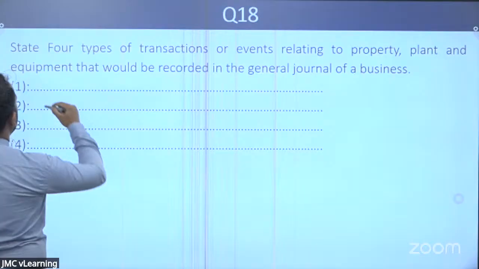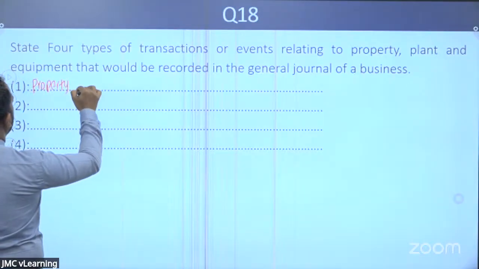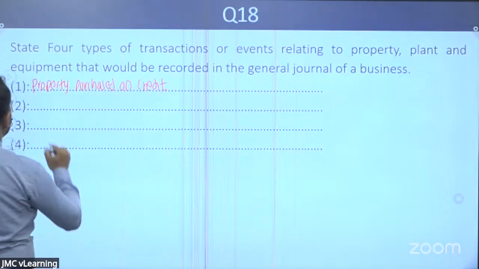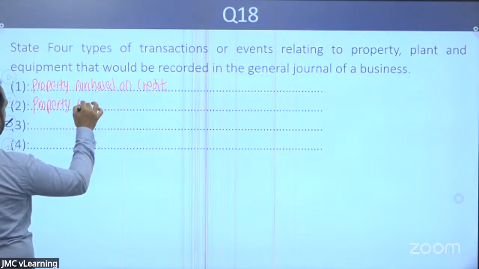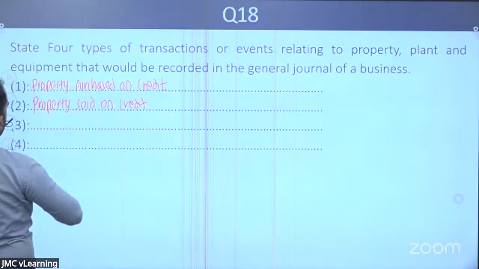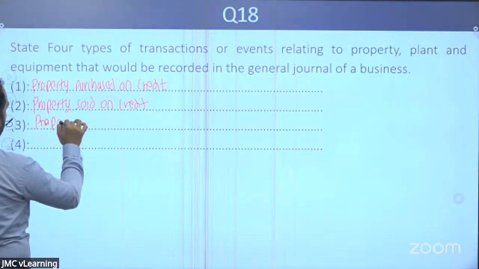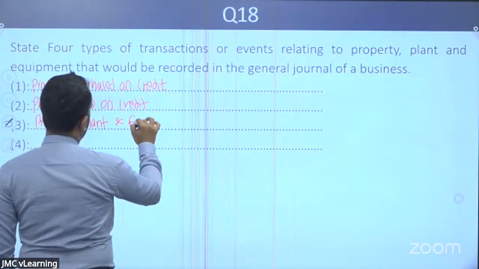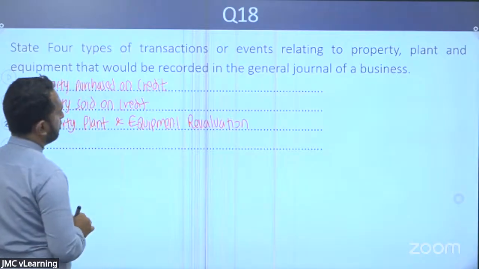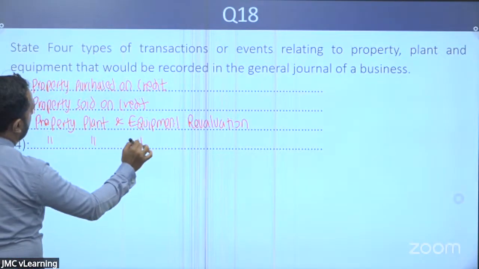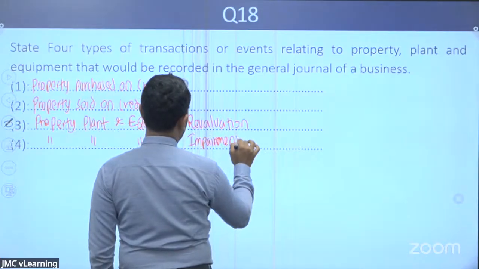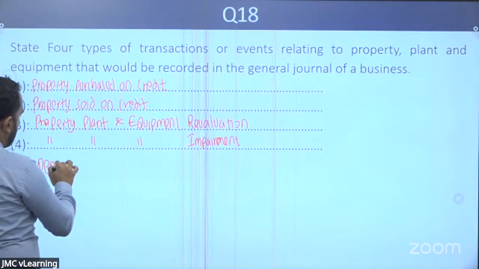So it may include property purchased on credit, property sold on credit, then property, plant, and equipment revaluation, property, plant, and equipment impairment, then depreciation.